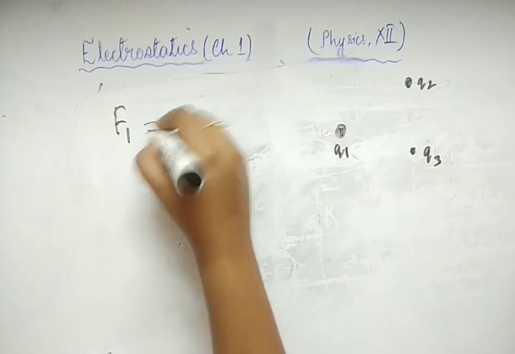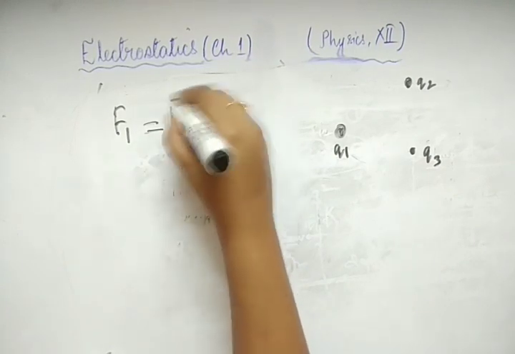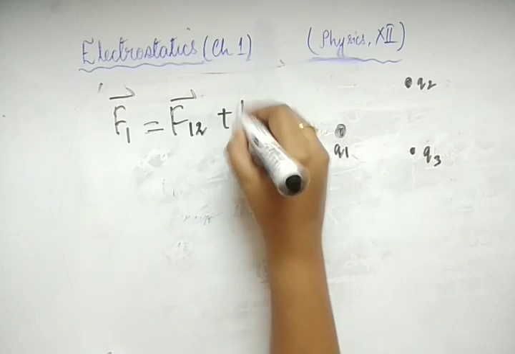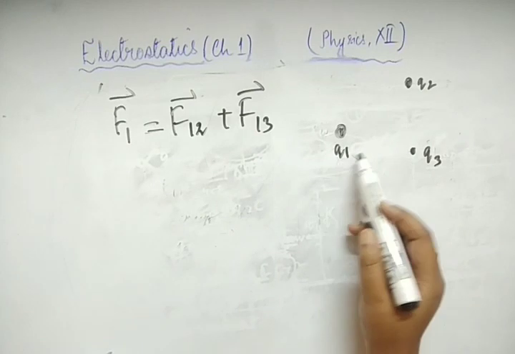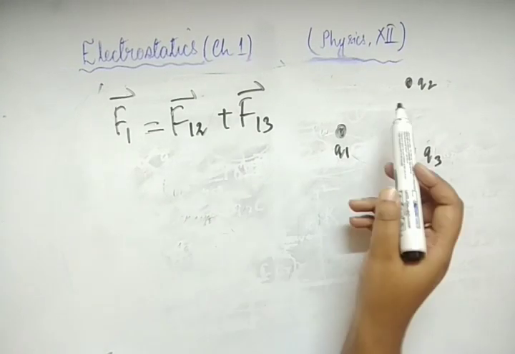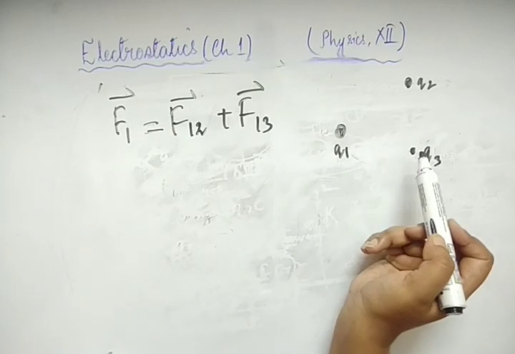So what will happen? The resultant force on this charge can be taken as force on charge 1 due to charge Q2 and force on charge Q1 due to charge Q3.